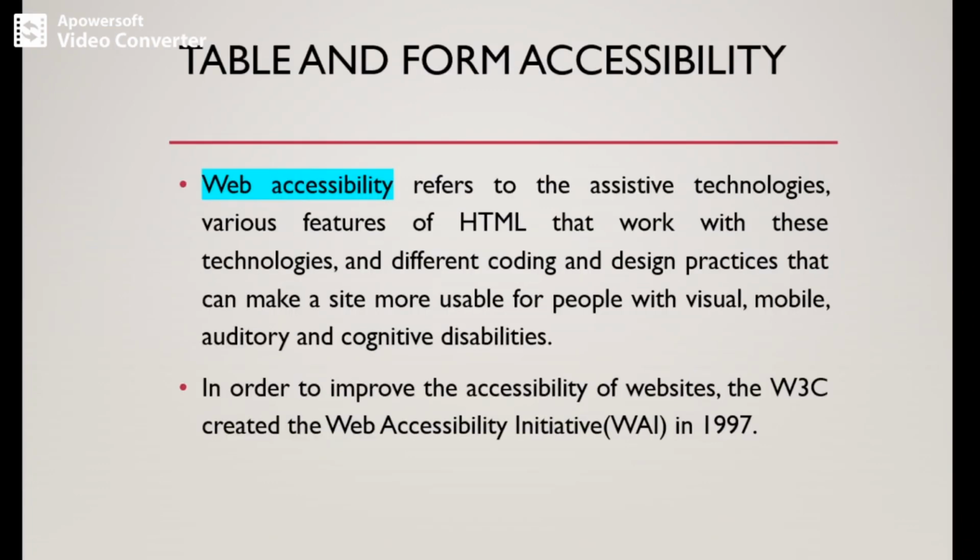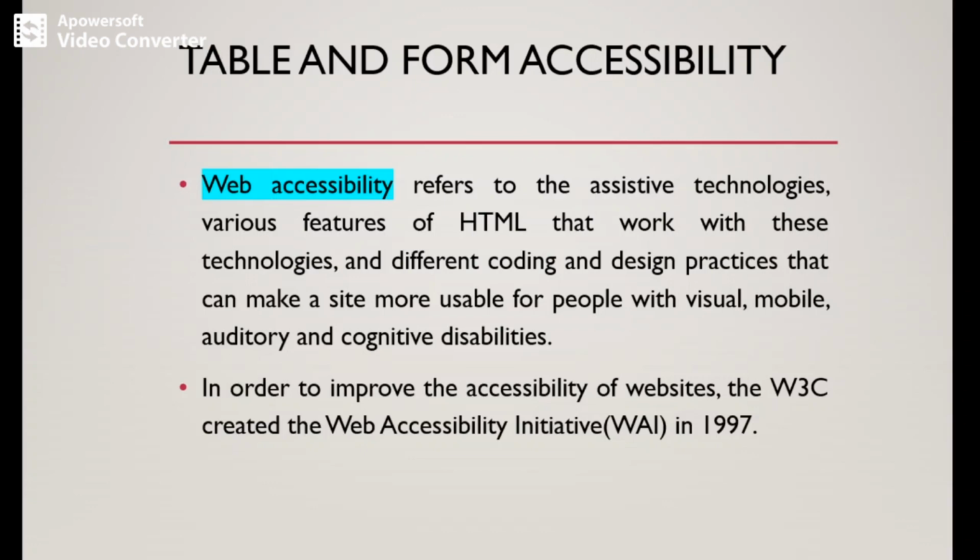Today let us discuss about table and form accessibility. So web accessibility mainly refers to the assistive technologies or various features of HTML that work with these technologies and different coding and design practices that can make a site more usable for people with visual, mobile, auditory, and cognitive disabilities.